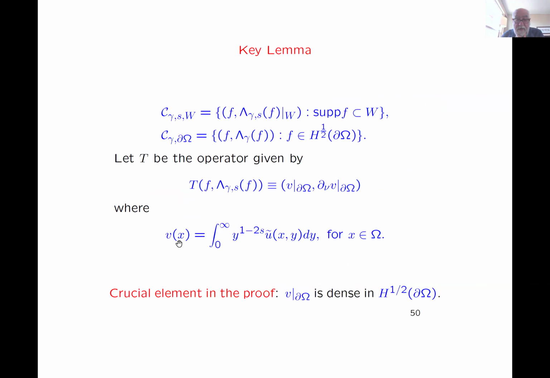And one considers this function v, which is the average on the line for y bigger or equal than 0, this term here. And one can prove that knowing the Cauchy data for the fractional operator, one knows the Cauchy data for this, and then it follows from the fact that v at the boundary is dense. So all of this information, u tilde corresponding to the fractional case, is dense in H^(1/2) of the boundary. So that's the crucial element of the proof.